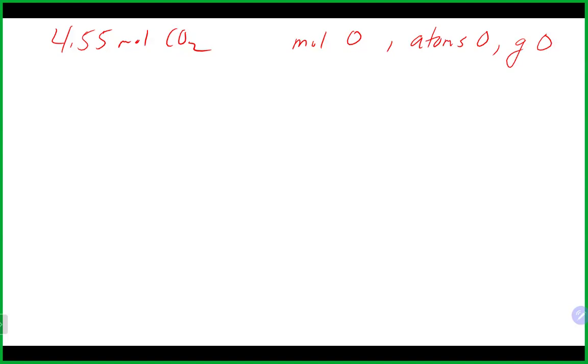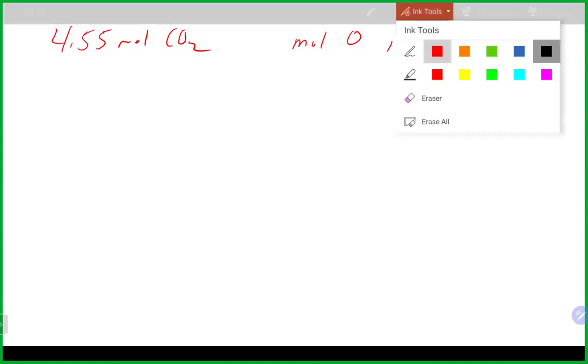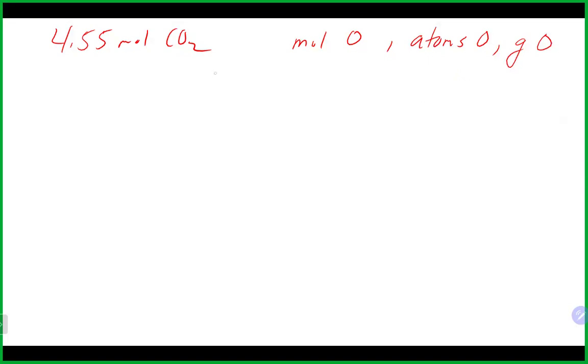So one place that you could get a good relationship or conversion factor from is actually the formula itself. So when we look at CO2, and more specifically, we look at these numbers that are on the bottom. Obviously, it's not written, but that's 1, usually, right? These do represent what are referred to as the moles of each of those guys. So 1 mole of carbon, 2 moles of oxygen.